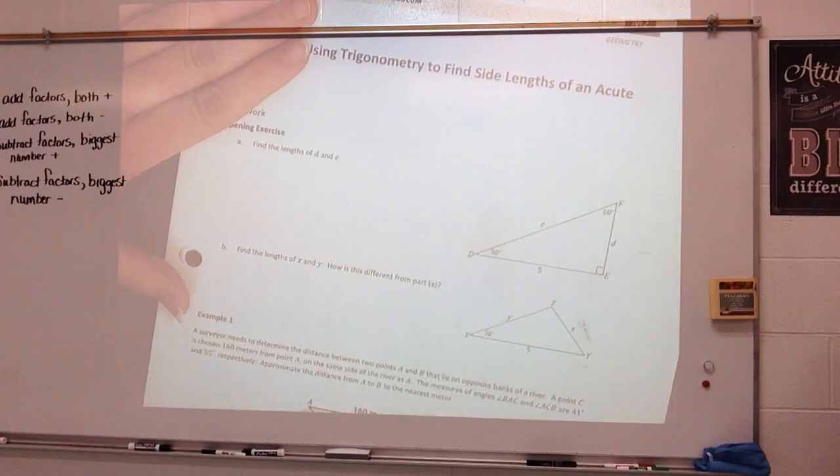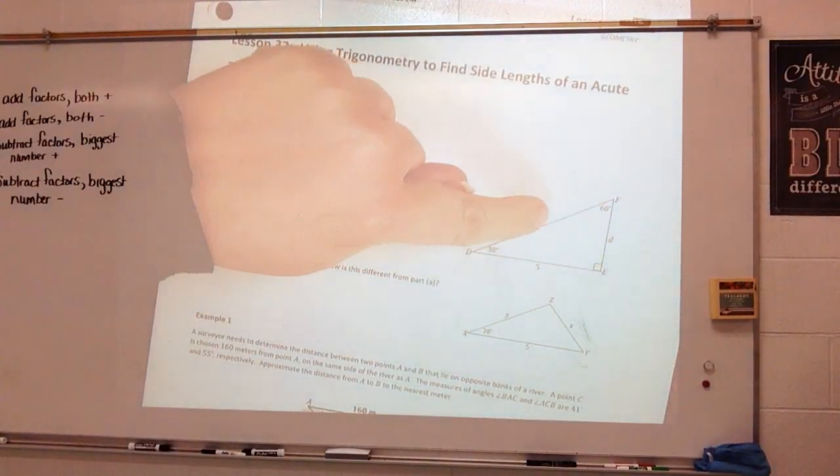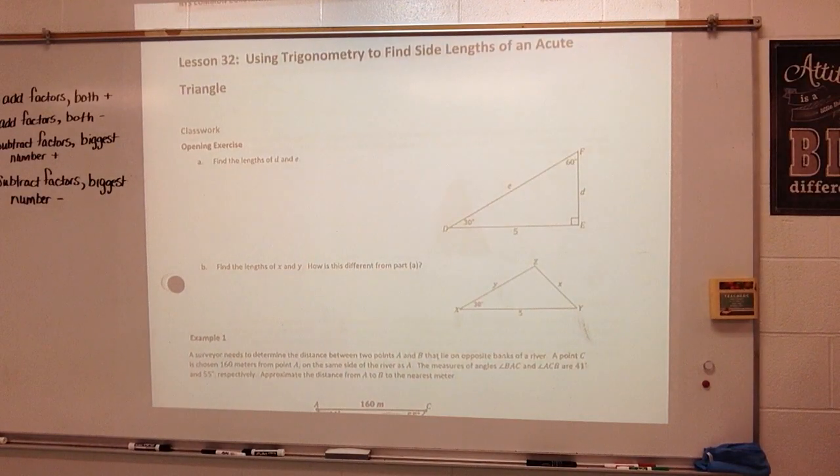Let's go ahead and look at A and B. Find the length of D and E. Well, I can't use Pythagorean theorem because I do not have the measure of two sides. So let's use what we know.